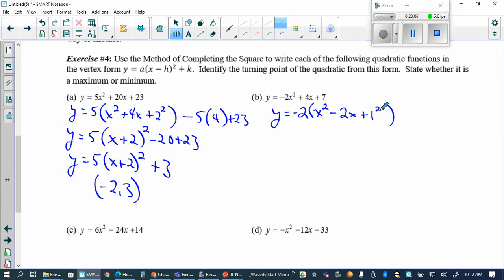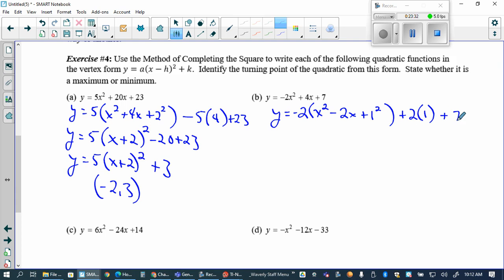Okay, so how many of these ones do we have in here? Negative 2 of them. So how do we cancel that out? By adding 2 of them, right? Or I could say subtracting -2 of them. So let's add 2 of our ones, plus 7.